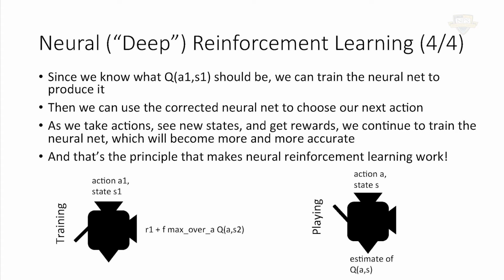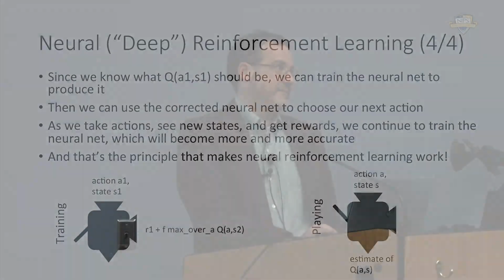The max over this exact same function that isn't very good. That's why I'm actually trying to learn it. But the other part of it, this short-term reward, is absolutely solid. And it turns out that this approach, the standard reinforcement learning approach, does work over time. It can take a while, but it does work.